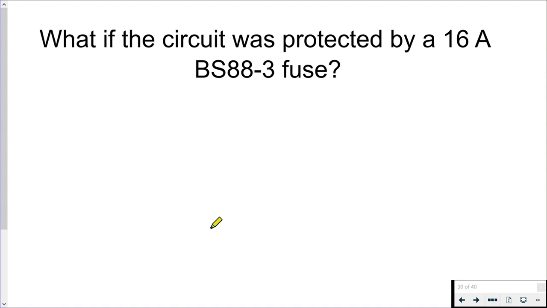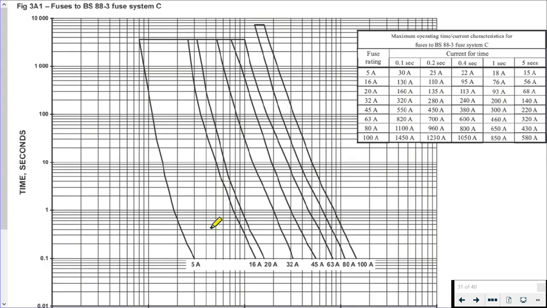If we had a 16 amp BS 88-3 cartridge fuse in front of this circuit, we would then need to go, rather than going into page 417, we need to go to page 411, figure 3A1, where we've got our BS 88-3 fuses. And again, what we're interested in here is this N column in the table.